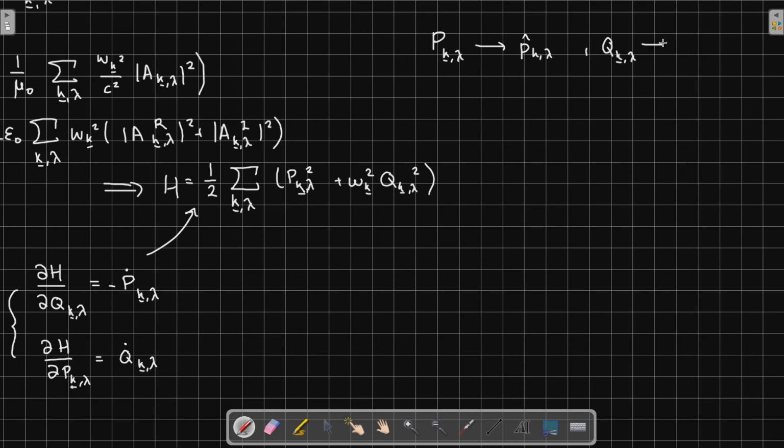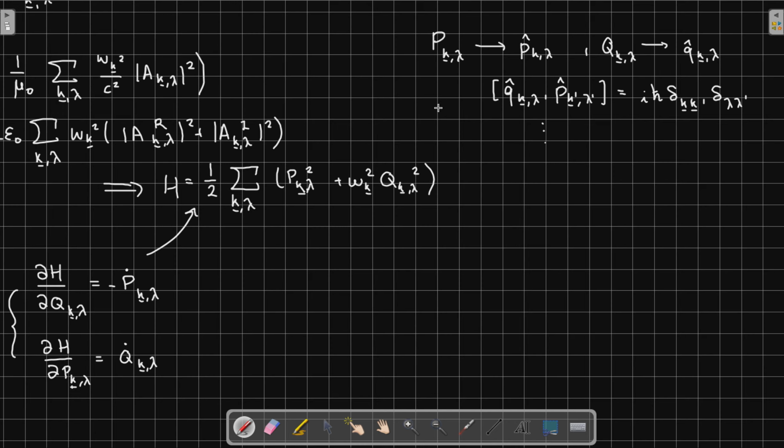And because they're canonically conjugate in the classical picture, we know that they must satisfy in the quantum picture the canonical commutation relations. So this must be equal to iħ δ_kk' δ_λλ', and so on. You know what the canonical commutation relations are.